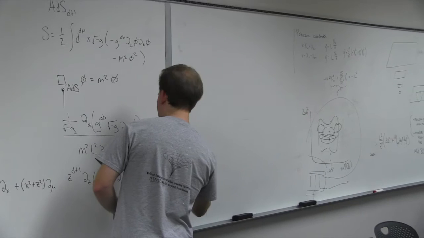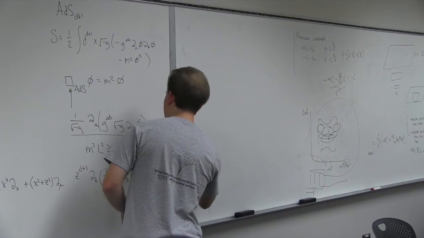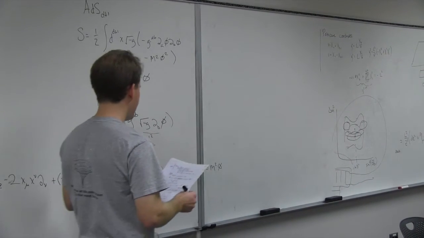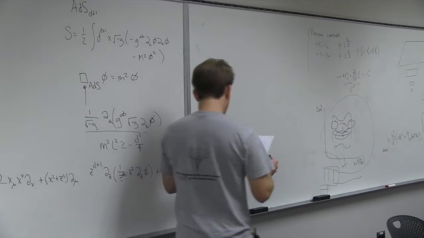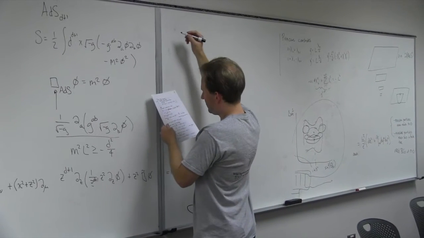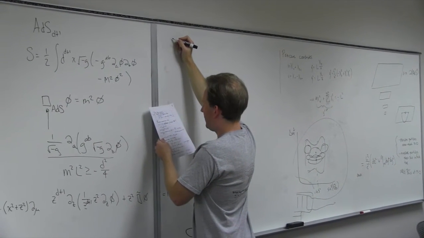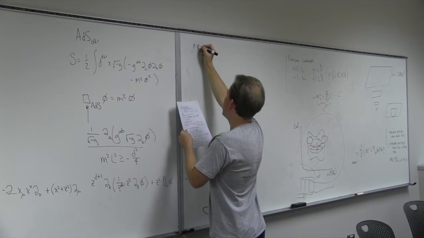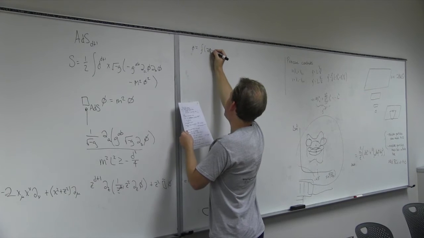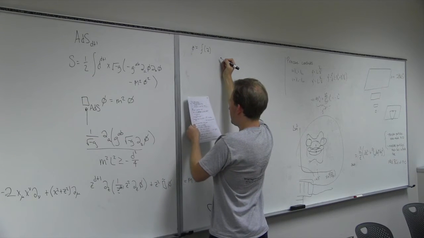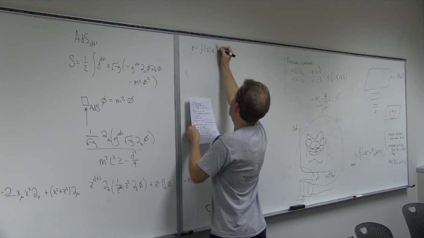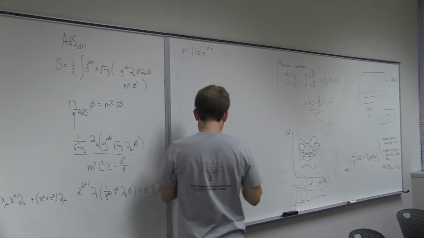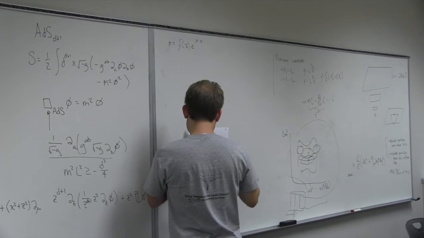So then this is supposed to equal m squared phi. Let's separate variables. If we want to study this equation using the symmetry, we'll have a function of z, and then we can just Fourier transform in the transverse directions.